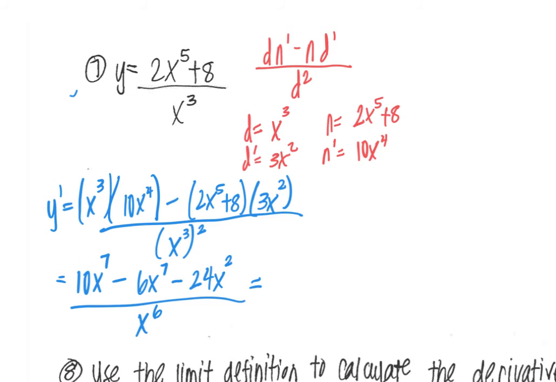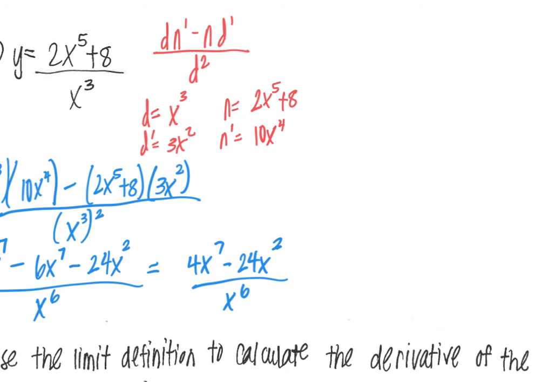Let's see. 4x to the 7th minus 24x squared. X to the 6th in the bottom still. Let's pull out GCF in the top. There's a GCF of 4. There's a GCF of x squared.